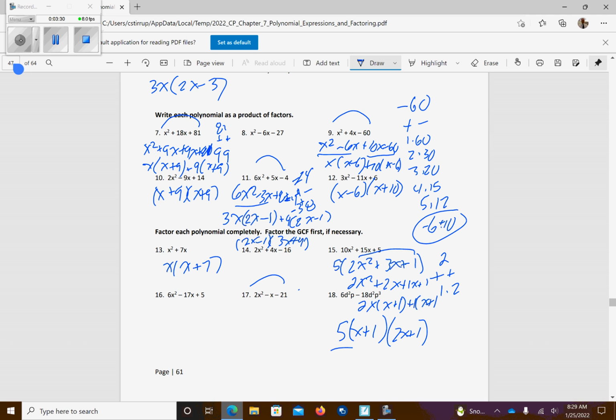Let's see, that's going to be negative 42. And I think 6 and 7 are going to work, where I have a negative 7, positive 6. So 2x squared plus 6x minus 7x minus 21. Factor out a 2x, so that's x plus 3. Factor out a negative 7, x plus 3, notice the sign changed, x plus 3, and 2x minus 7.